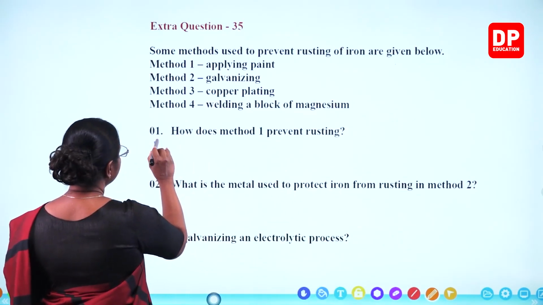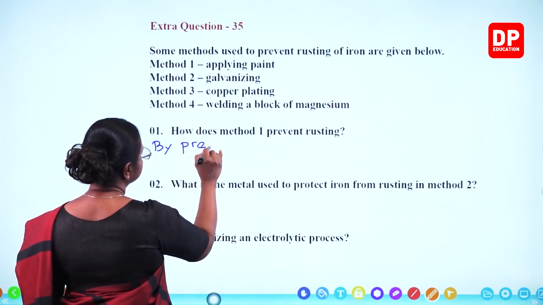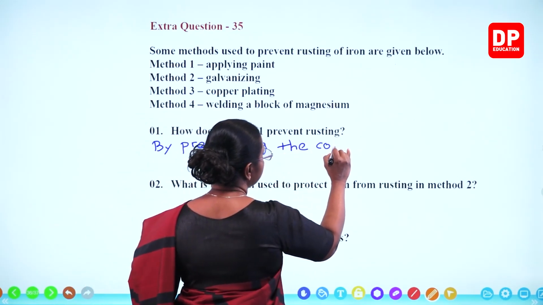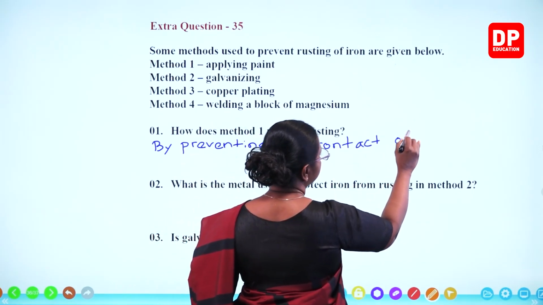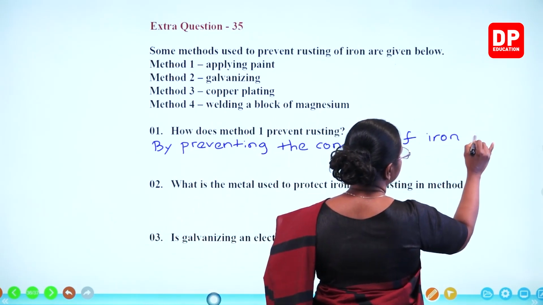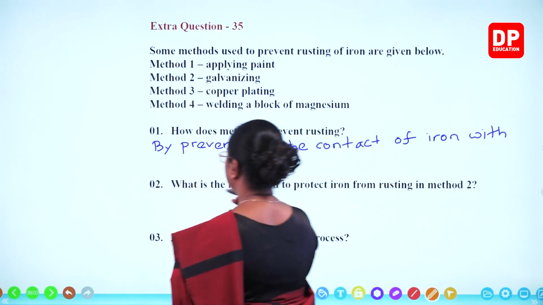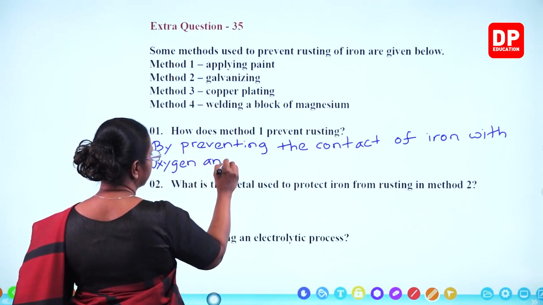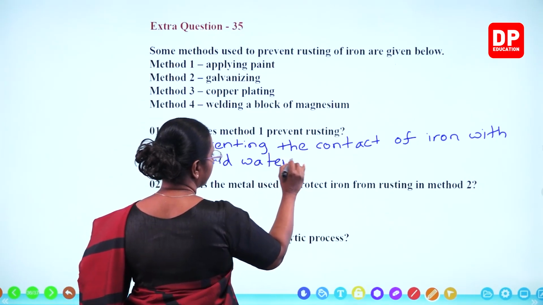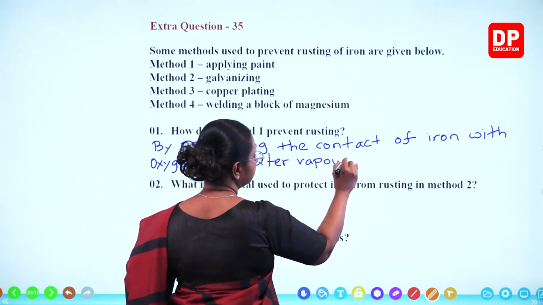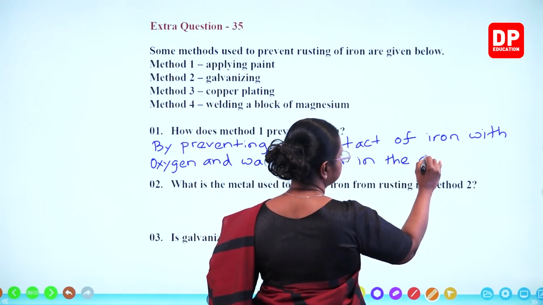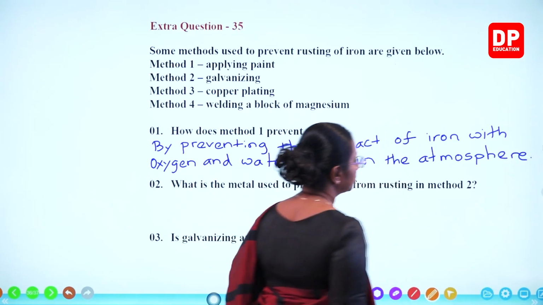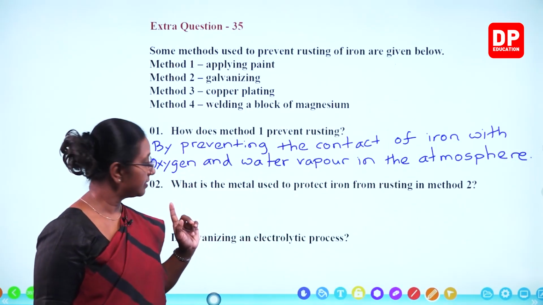So here we can say by preventing the contact of iron with oxygen and water vapor in the atmosphere. So that is how method 1 prevents rusting.